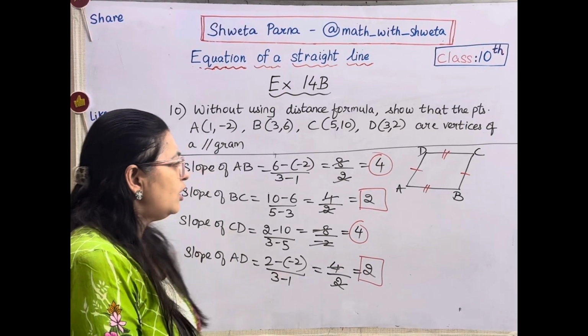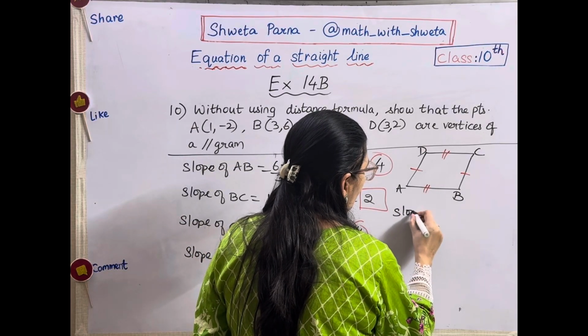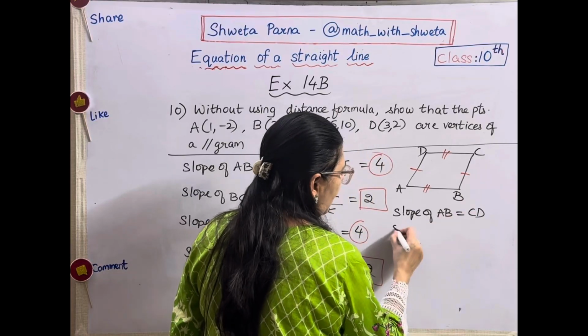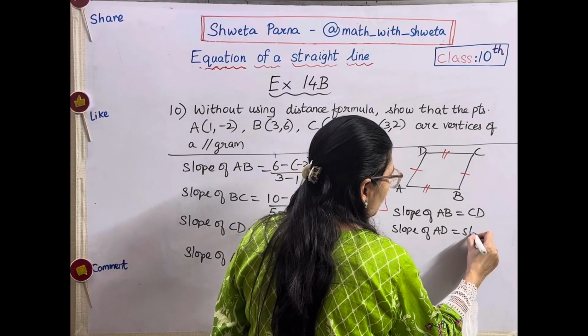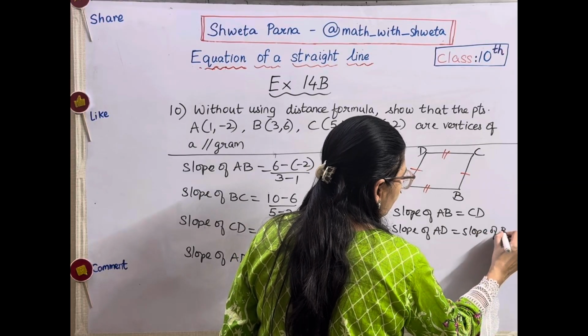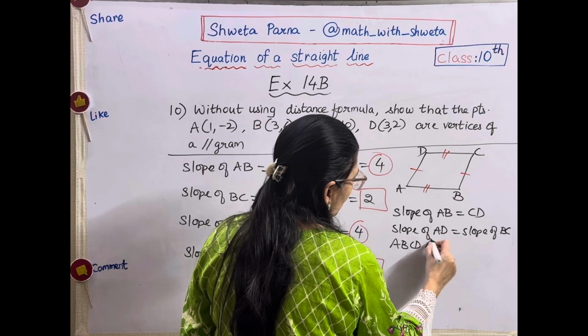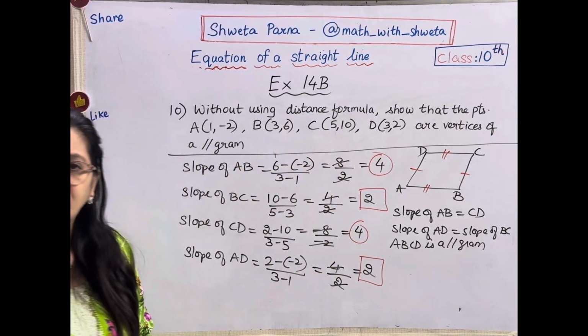I hope it's clear. So you will write here lastly that since slope of AB is equal to CD and slope of AD is equal to slope of BC, ABCD is a parallelogram, or you can just say that it is proved that it's a parallelogram.